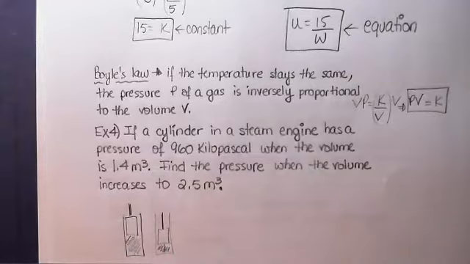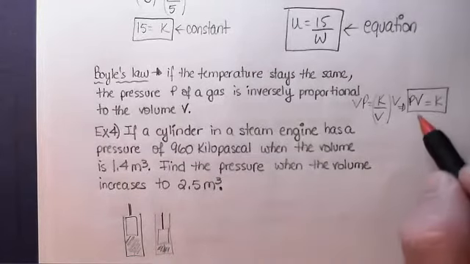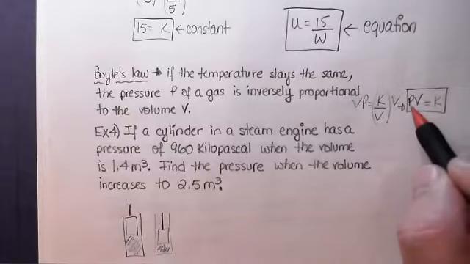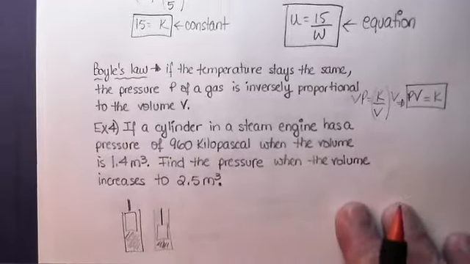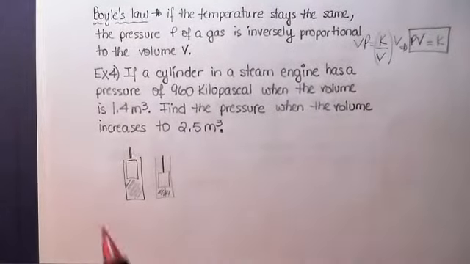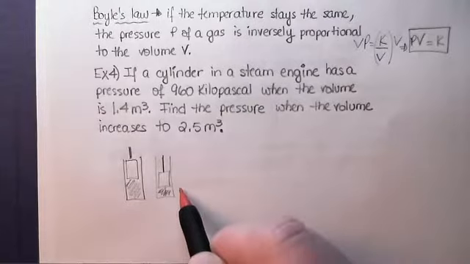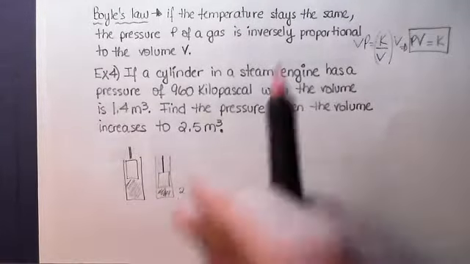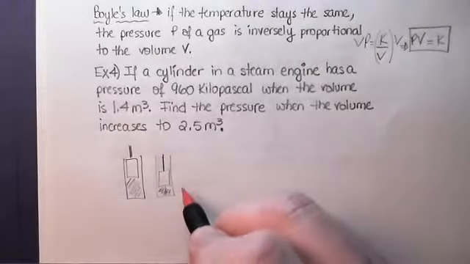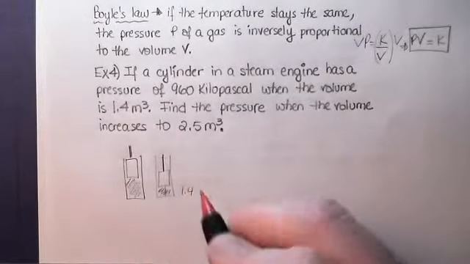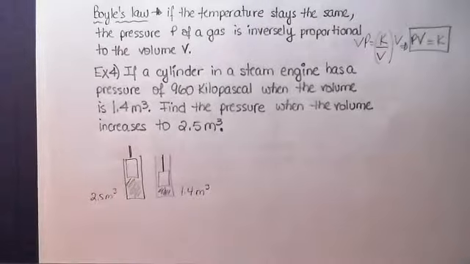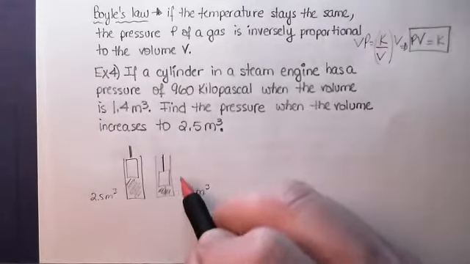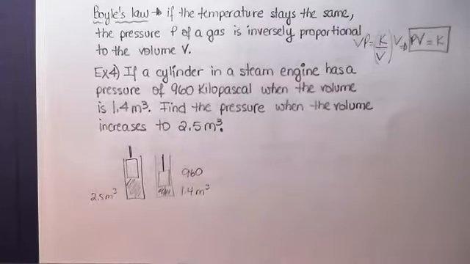With that in mind, according to what we found, the pressure times the volume is always equal to a constant. So let's say this guy here is the 2.5 and this is the 1.4 cubic meters, there's the volume. Here I have the 2.5 cubic meters, and this here represents a pressure of 960. The question is, how much is my pressure going to be here?